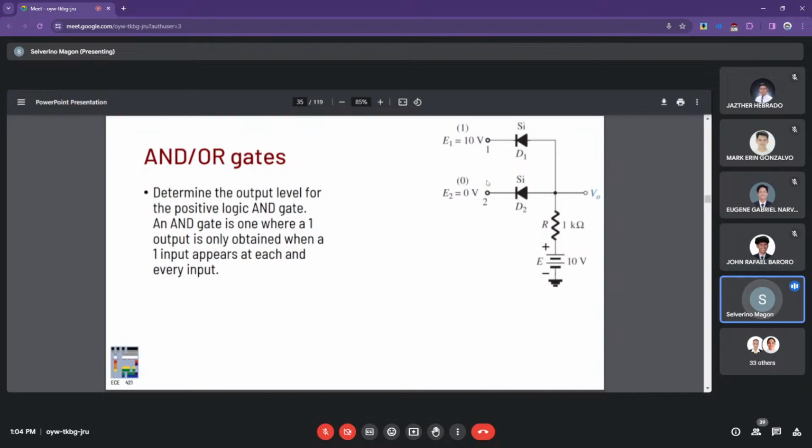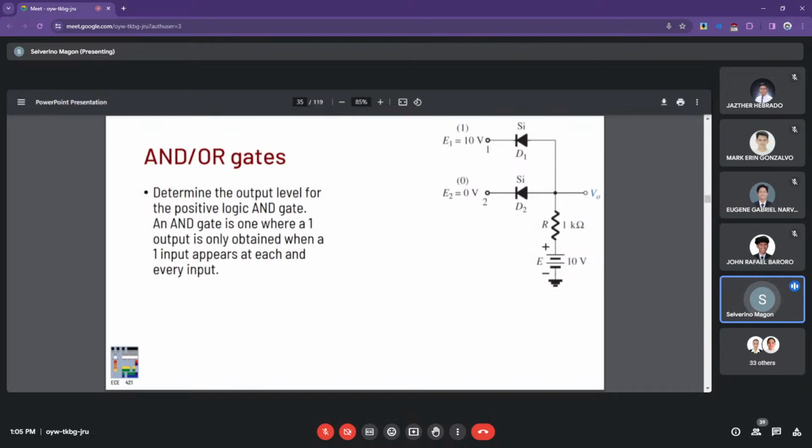Now, if we apply 10 volts to both inputs, E1 is 10 and E2 is equal to 10 as well, assume for that condition, then the voltage difference between E and E2, as well as E and E1, will be zero, meaning we do not have current going from the anode to the cathode of both silicon diodes D1 and D2.